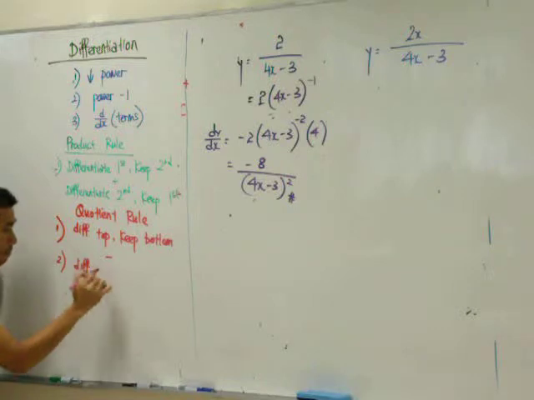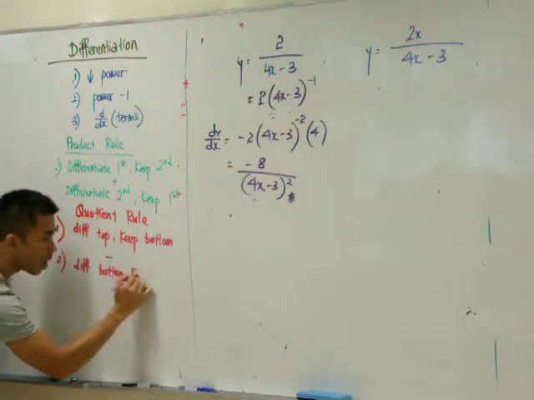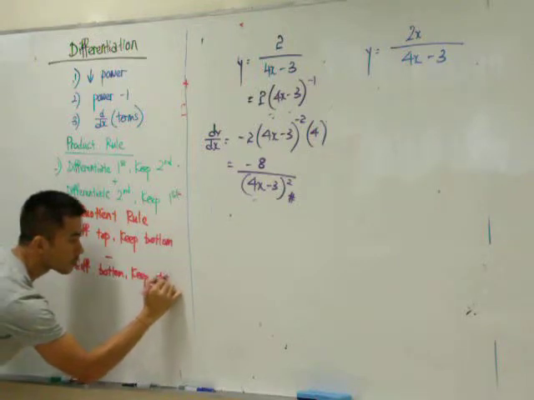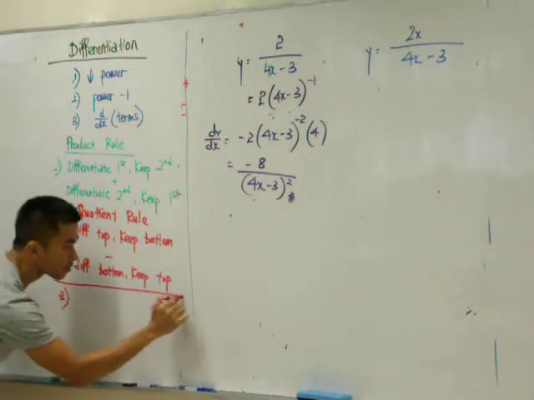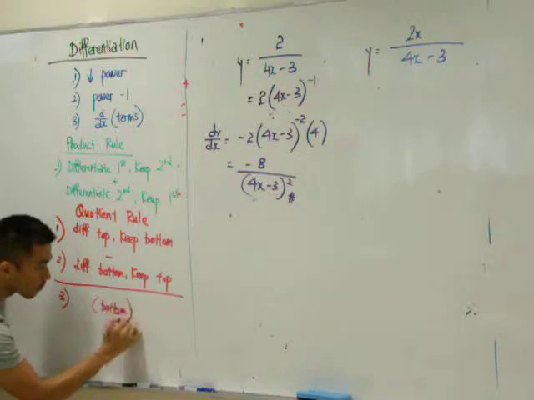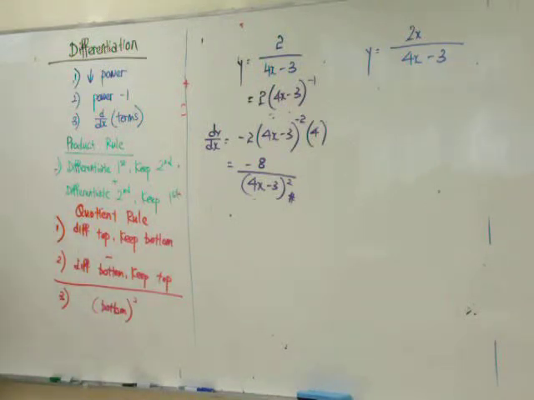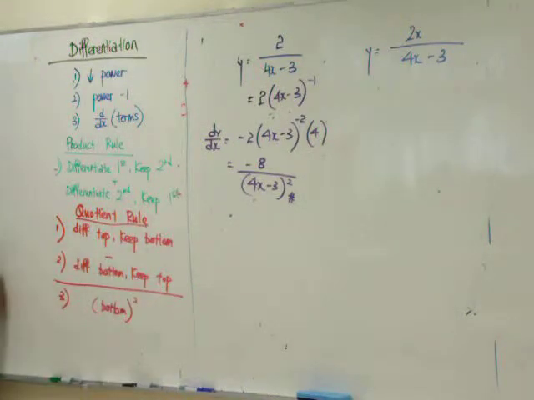Differentiate the bottom, keep the top. Step number 3. Over the bottom square. Alright? So if you want to make use of the quotient rule, there are 3 steps to it.